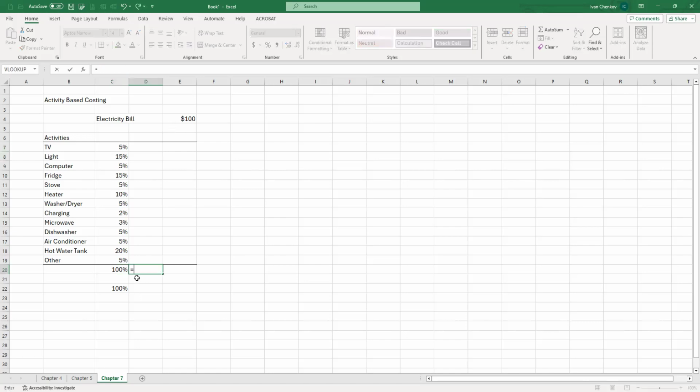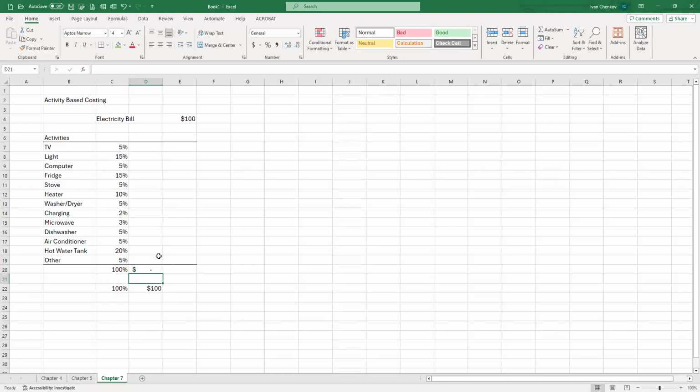How much do we have to allocate? We have to allocate $100, correct? Make sense? Yes. But once I know the percentage, now can I come up with the dollar amount? What do you think?